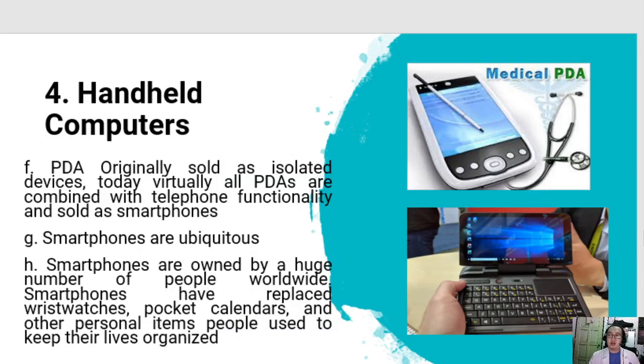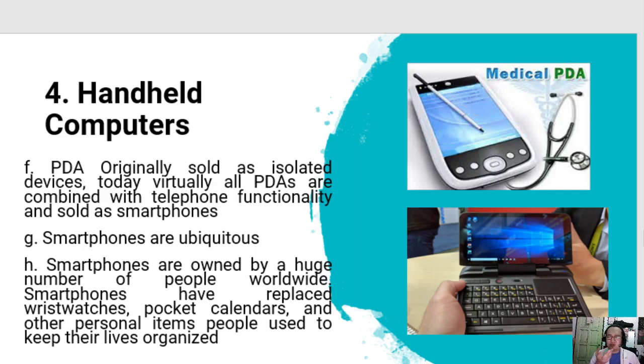On the top of the images is a sample PDA, which is also used in healthcare. PDAs were originally sold as isolated devices, and today virtually all PDAs are combined with telephone functionality, and they are now known as smartphones.